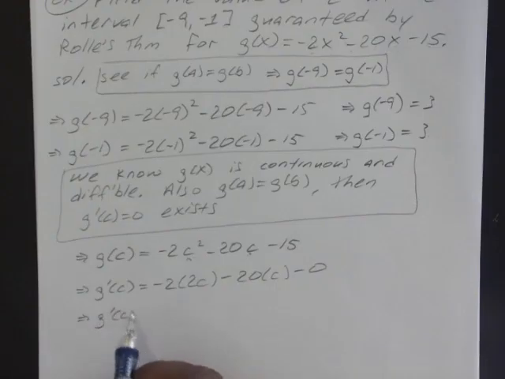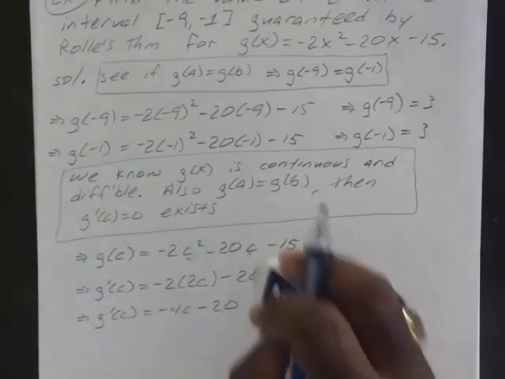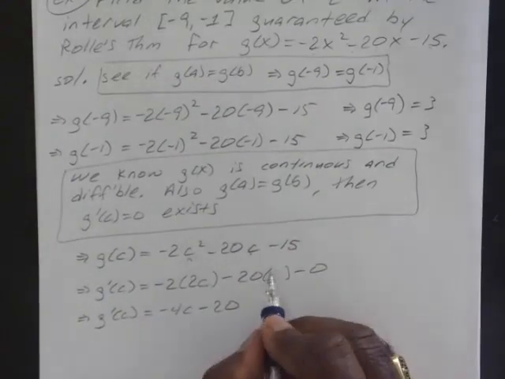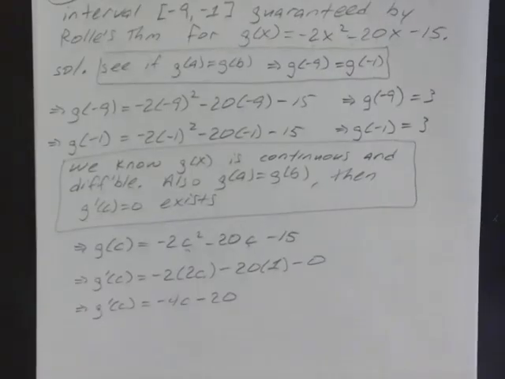So we know that g prime of c is equal to -4 times c minus 20. Oh, should have put 1 there. I don't know why I put c. There we go. The derivative of c is 1.